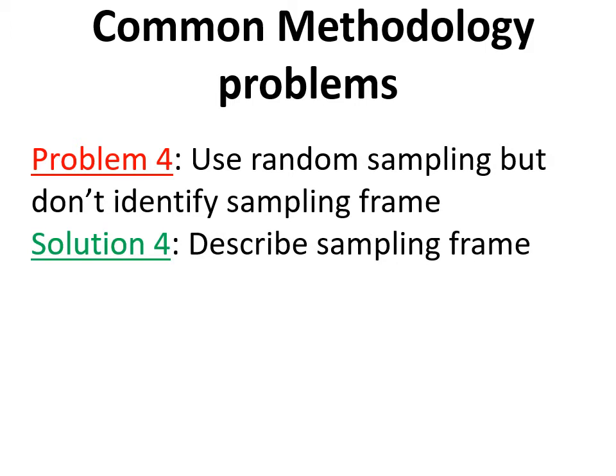With non-random sampling, you can often get away without having a formal sampling frame, though you're still going to need to think about who are the kinds of people that you want to either interview or survey.